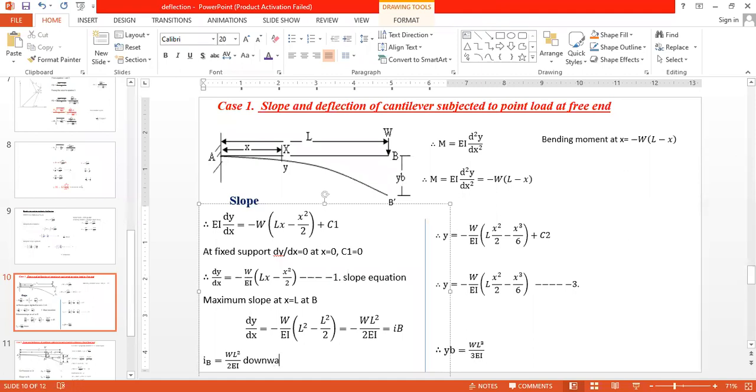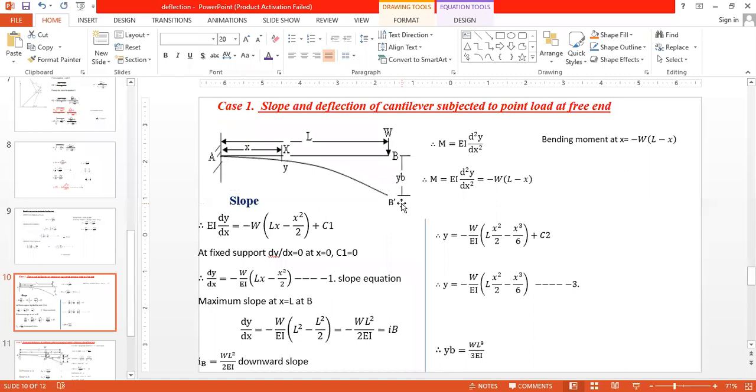I have removed the minus sign, and I have used the words downward slope. Now this is the slope at B, or the maximum slope. You have to remember this equation.